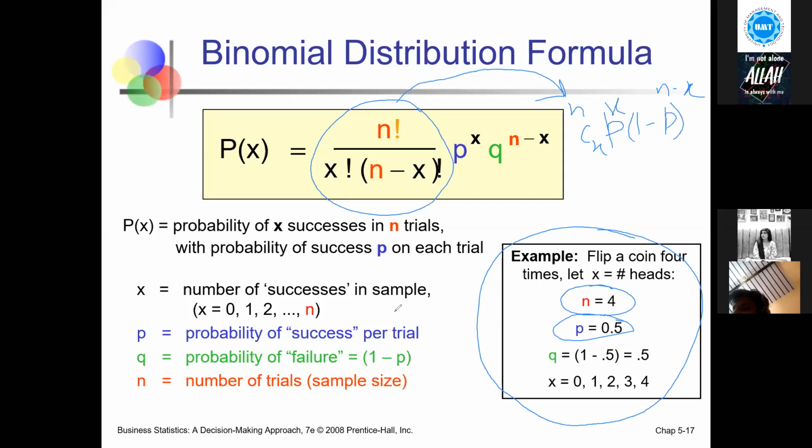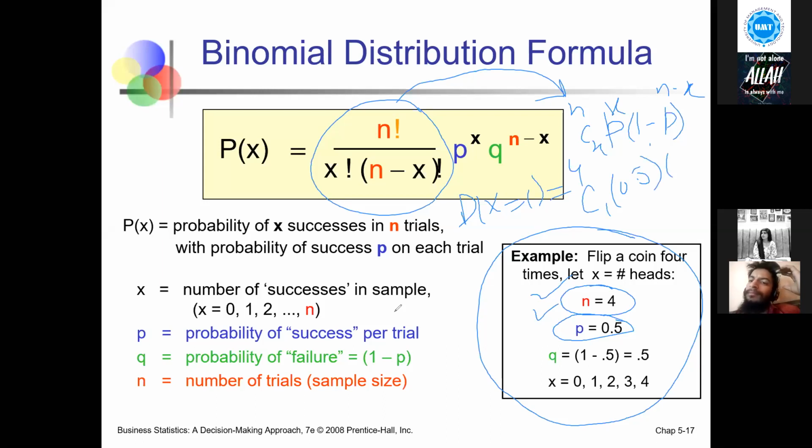If we want to find the probability of one head, x is equal to 1. We put in the value of p and x: n is 4, x is 1 and p is 0.5.